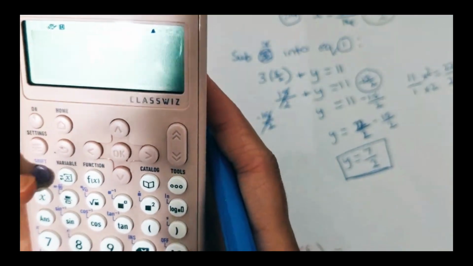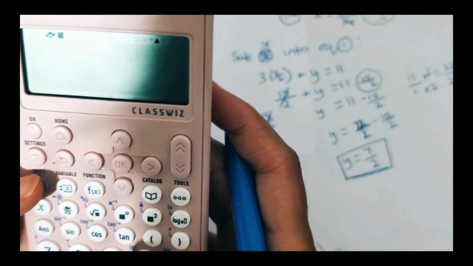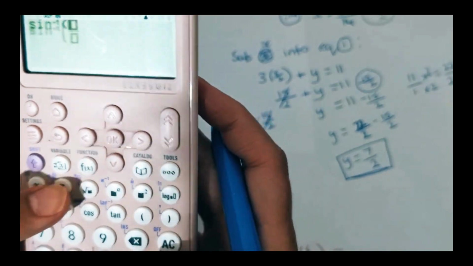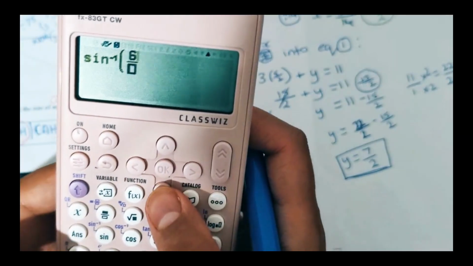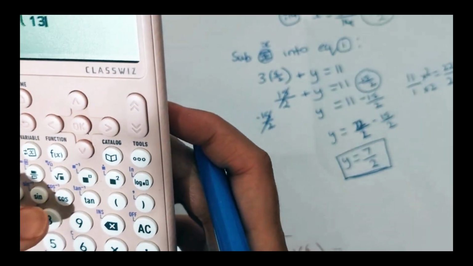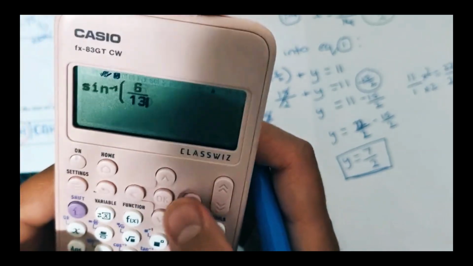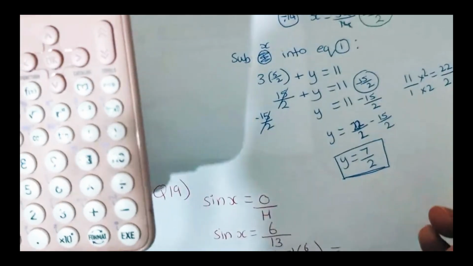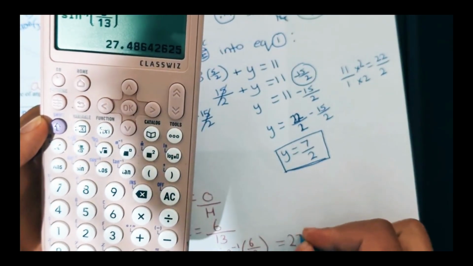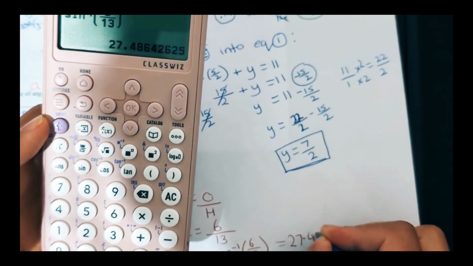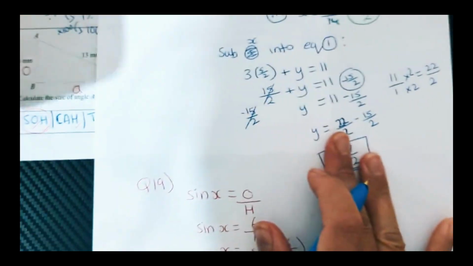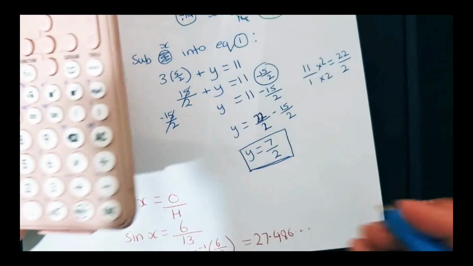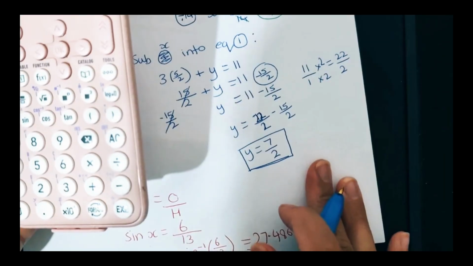So it's going to be the inverse sine equation, which is here, and it is 6/13. Close bracket, close bracket. Okay, and it is 27.486. And does it say to 1 decimal place? No, so I'm just going to give it to 1 decimal place anyway.